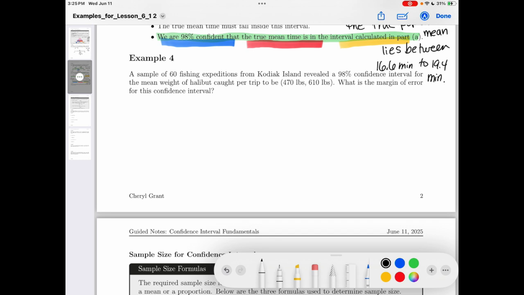In example 4, a sample of 60 fishing expeditions from Kodiak Island revealed a 98% confidence interval for the mean weight of halibut caught per trip to be 470 pounds to 610 pounds. What is the margin of error? So when we create our interval, our lower bound is 470 pounds and our upper bound is 610 pounds.